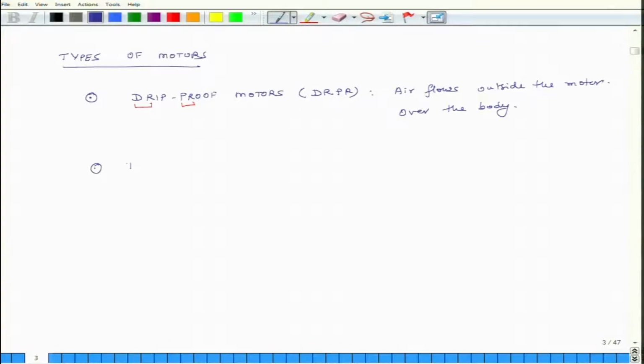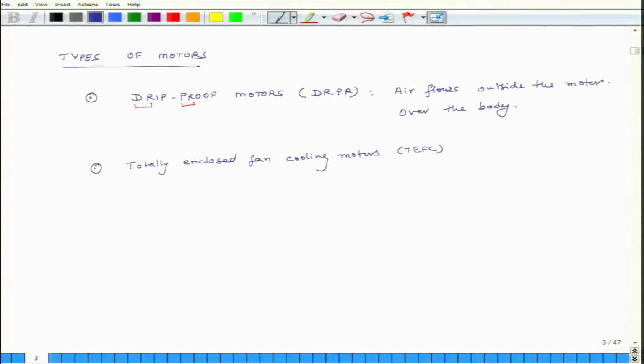So, it goes there. The second category of motors are known as totally enclosed fan cooling motors. In short, TEFC motors.